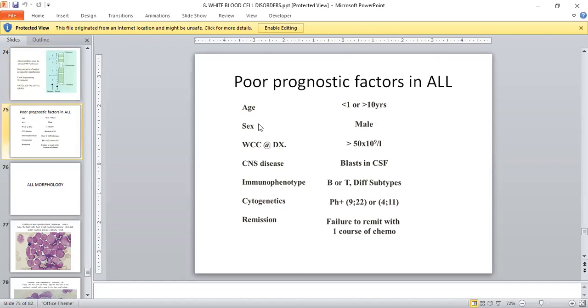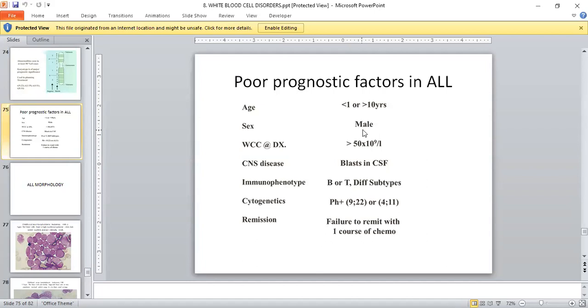So in ALL, some of the things that give a poor prognosis: we have the age. If it affects a child who is less than 1 year old or over 10 years old, that's a very poor prognostic factor, so the chances of recovery are very low. Being male is a poor prognostic factor.